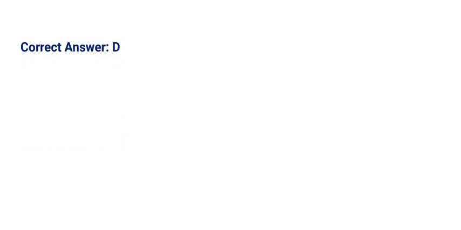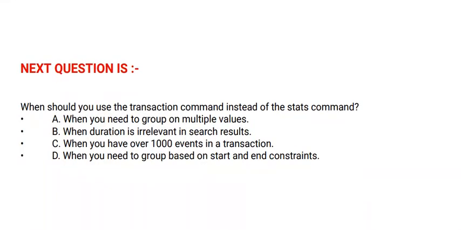Next question is: when should you use the transaction command instead of the stats command? Option A, when you need to group on multiple values. Option B, when duration is irrelevant in search results.